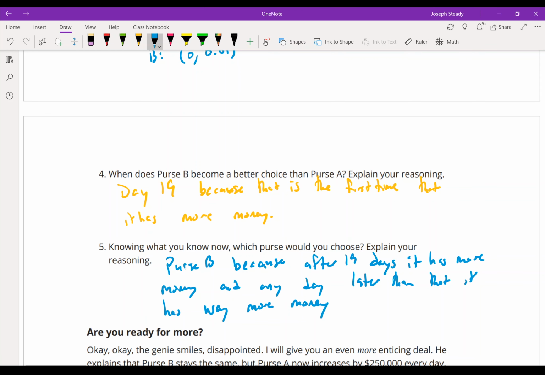Like a lot. You might remember on day 30, there was almost $11 million in purse B, while purse A, I think, still only had like $7,000. So I'm going to choose purse B here.